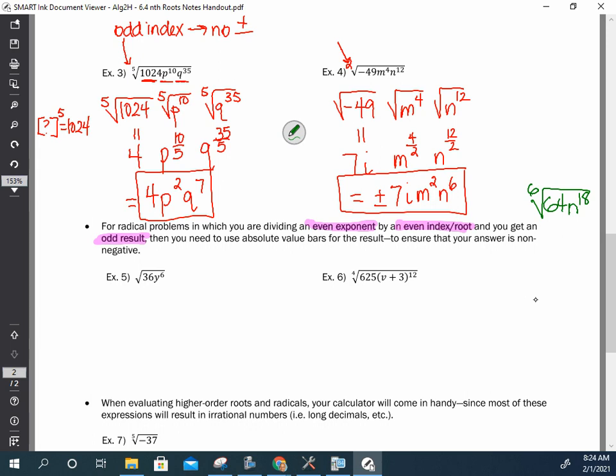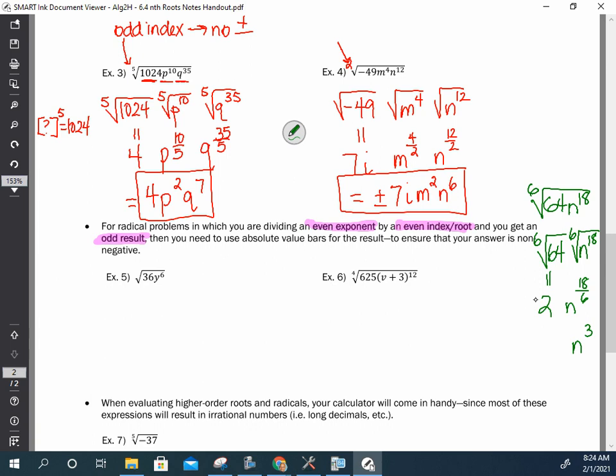In this case, we're not necessarily worried about the number. The 6th root of 64, we can take care of that easily. That's 2. So n to the 18th, well, that's 18 divided by 6. That's 3. 3 is an odd number.